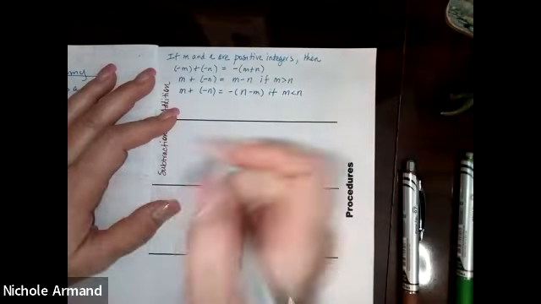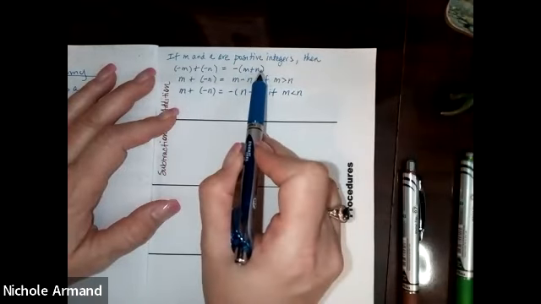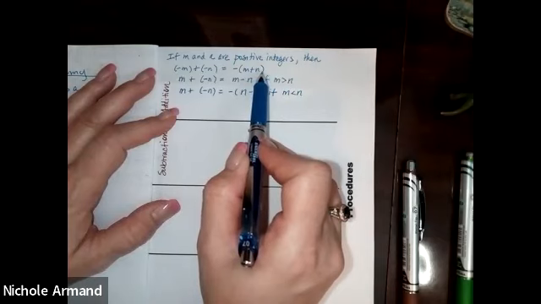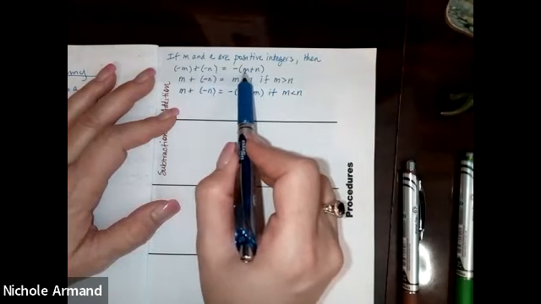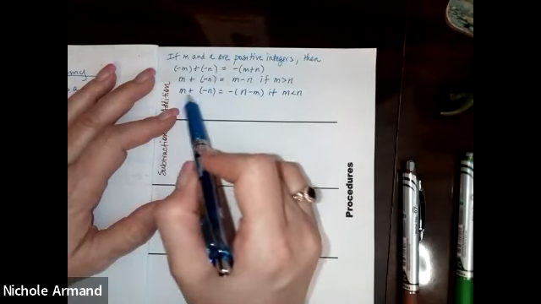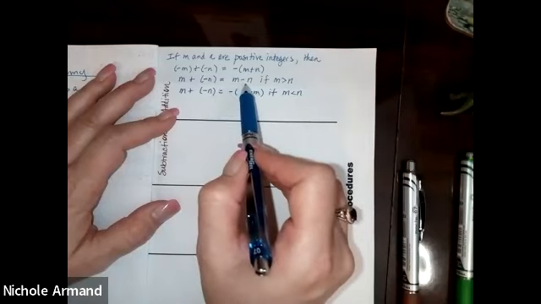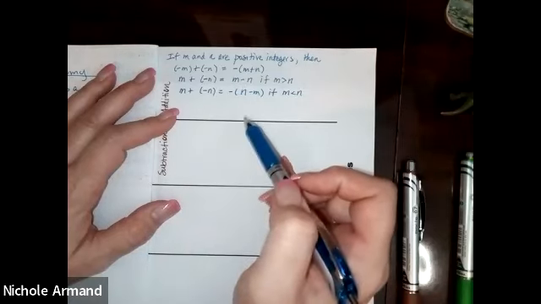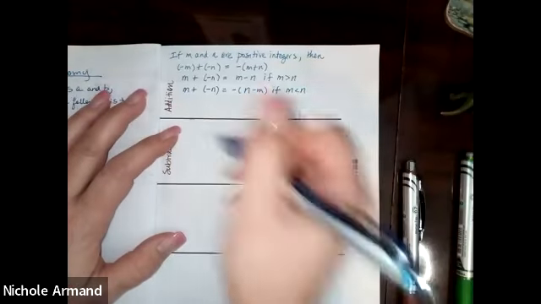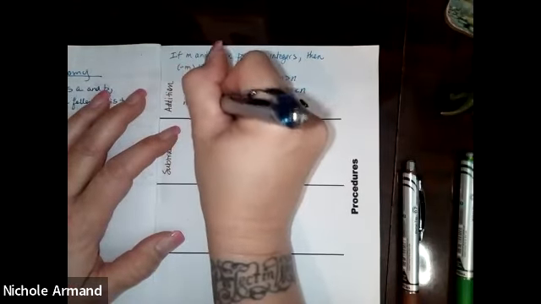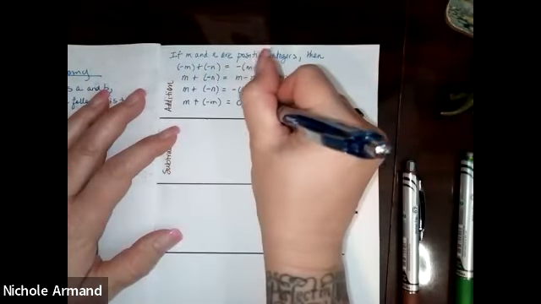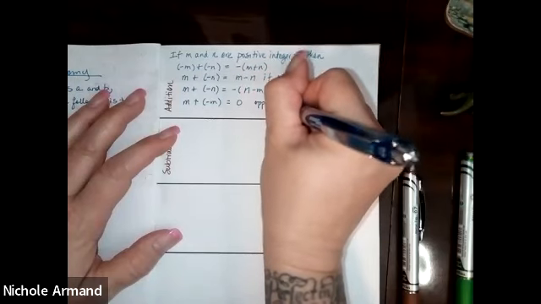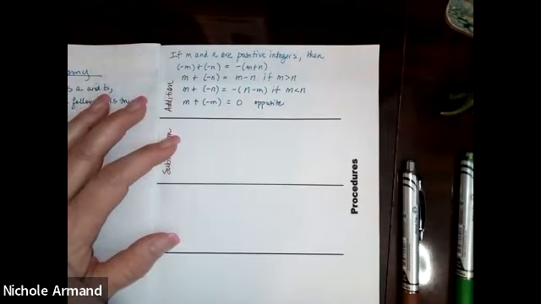So this is just the rules that you know after you're done with all of your concrete models and manipulatives. If you have two integers with the same sign, you add them and keep the sign. If you have two mixed integers, then you always subtract and you keep the sign of the larger number. That's what these next two lines are. This m plus the opposite of m equals 0. That's just the opposite. And then m and negative m are additive inverses.